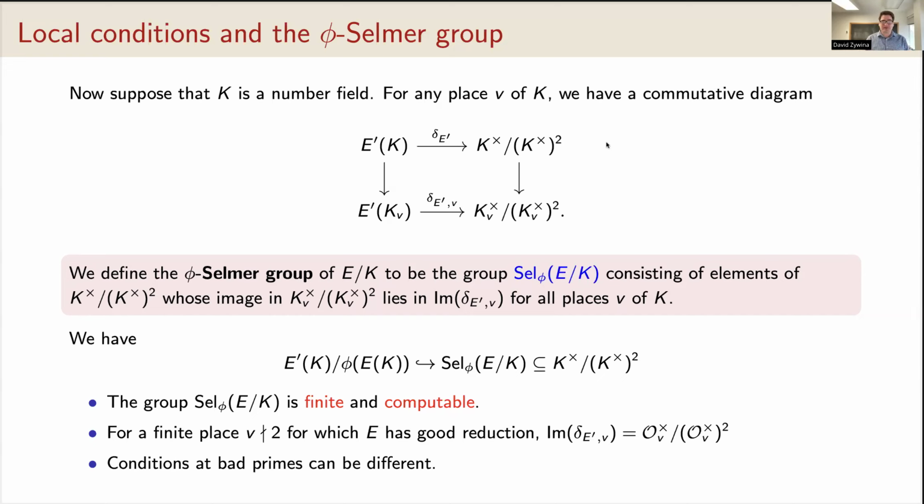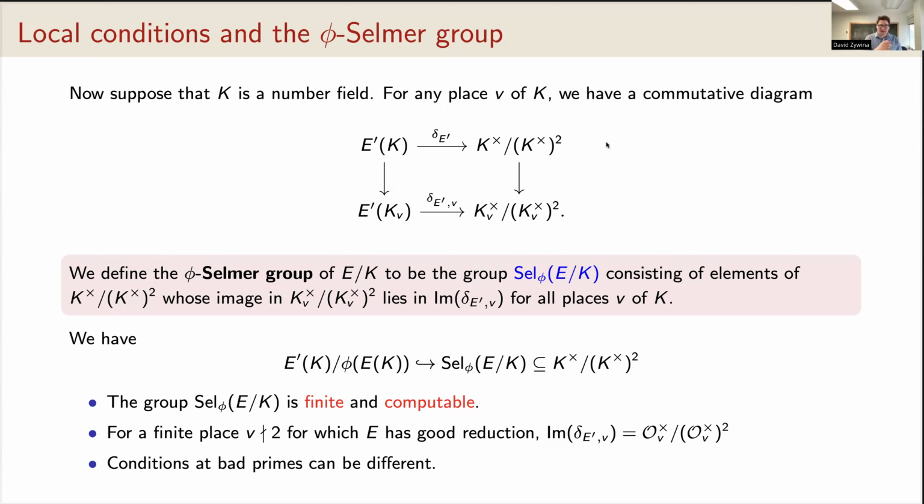And since it commutes, we can define this Selmer group, which is just going to be the square classes. It consists of those elements whose image, when you map down, lies in the image of the local points of that δ_E'. So this is the smallest group in the non-zero square classes that contains the image, just given these commutative diagrams.